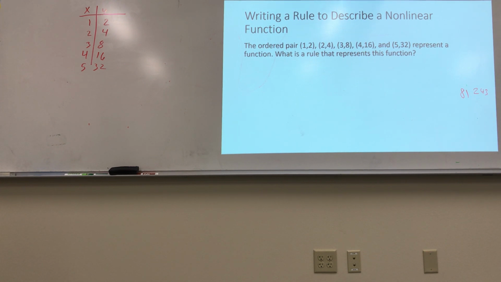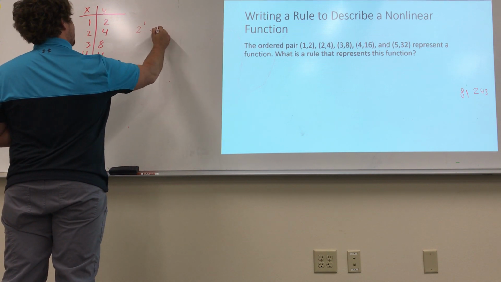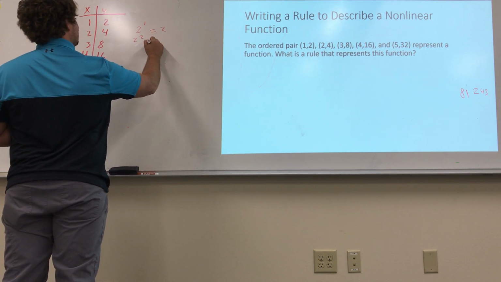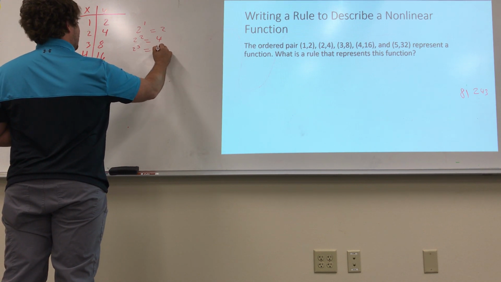I don't know. In our last problem, we were using the x value as an exponent. So let's try that, just out of curiosity. So we have 2 to the first, that would work. That gets me 2. 2 to the second gets me 4. 2 to the third should give me 8.